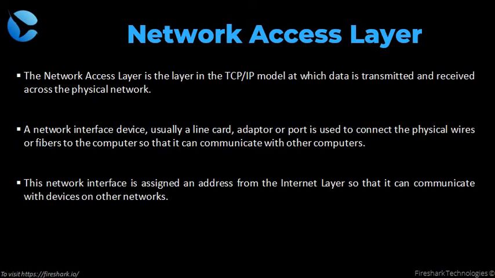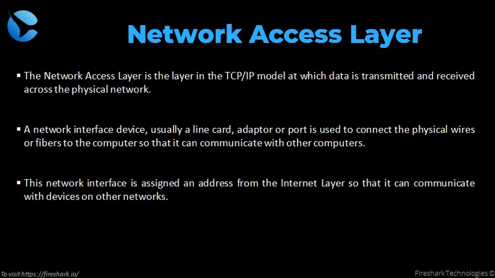The network access layer of the TCP/IP model corresponds with the data link layer and physical layer of the OSI model. It defines the protocols and hardware required to connect a host to a physical network and deliver data across it. The packets from the internet layer are sent down to the network access layer for delivery within the physical network.